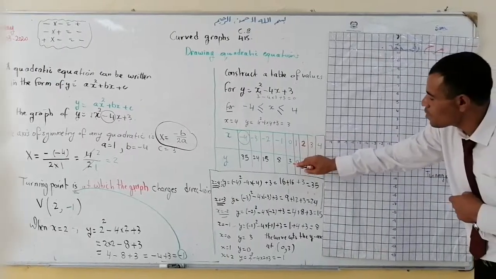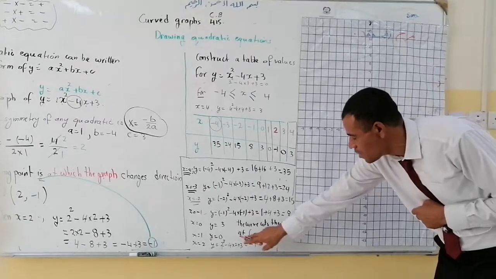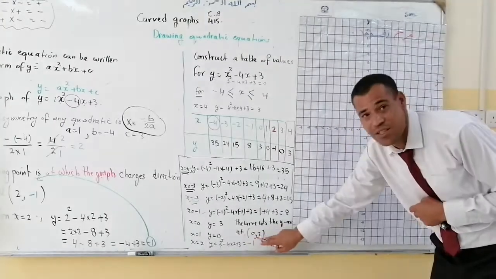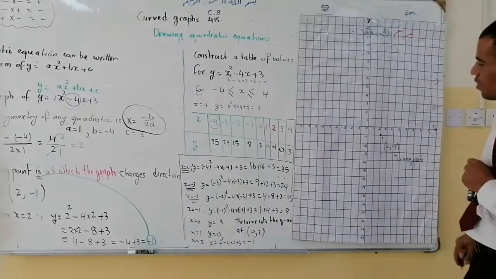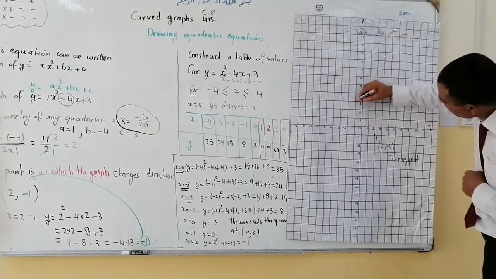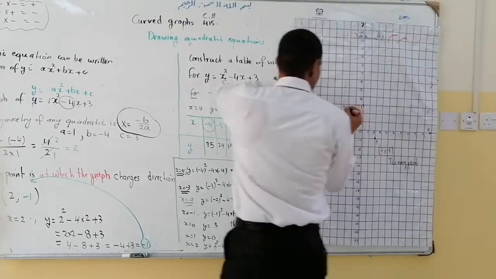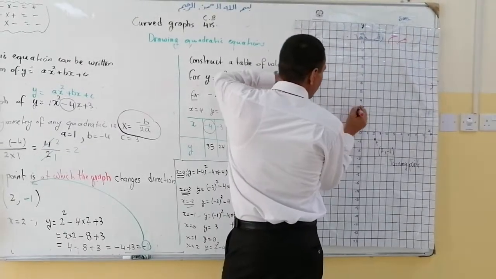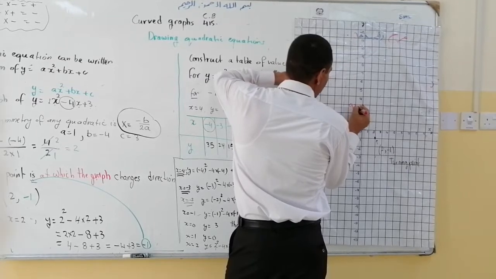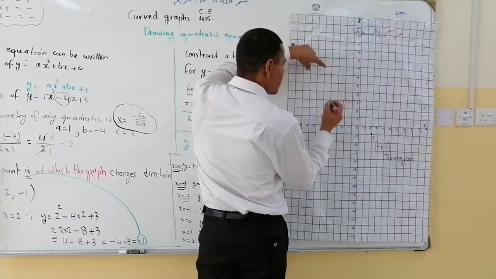When x equals 0, the curve cuts the y-axis at the point with coordinates 0, 3. What is 0, 3? This one. This is called the y-intercept. The point 0, 3 is where the curve cuts the y-axis.